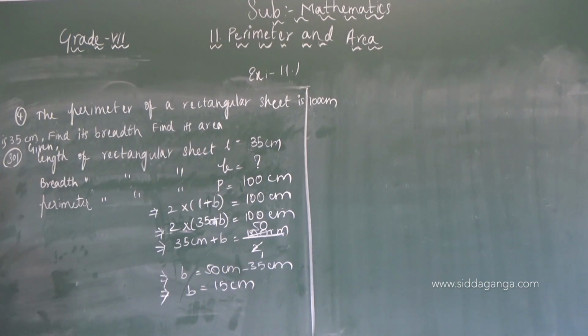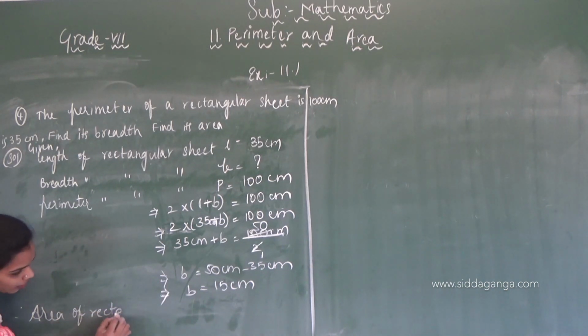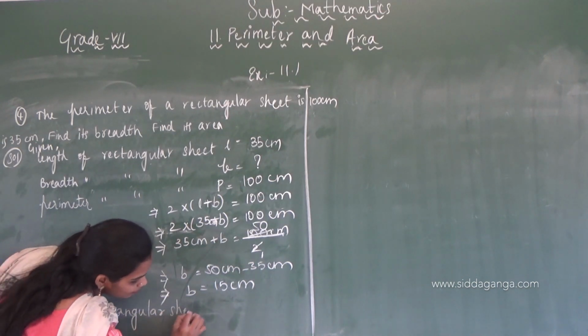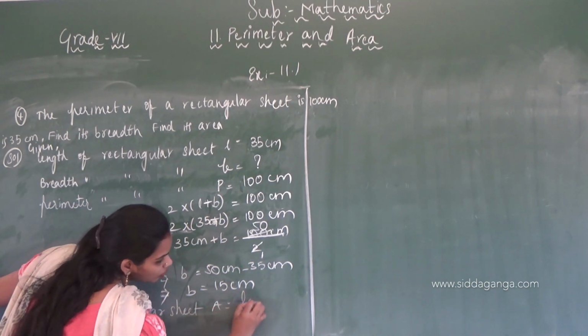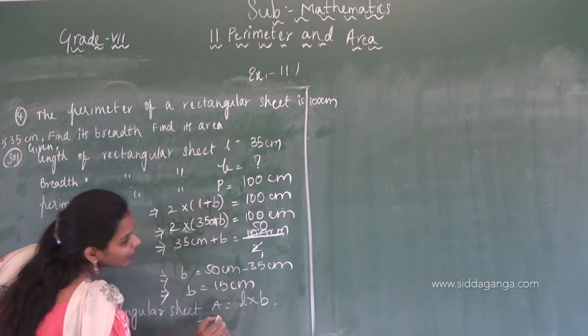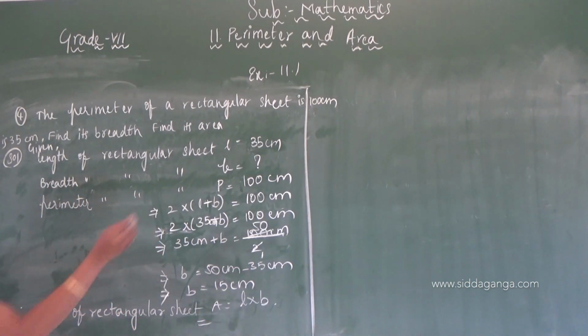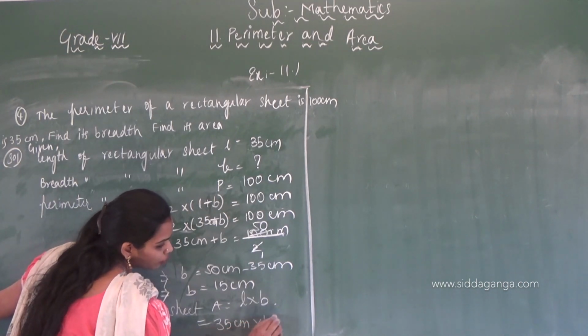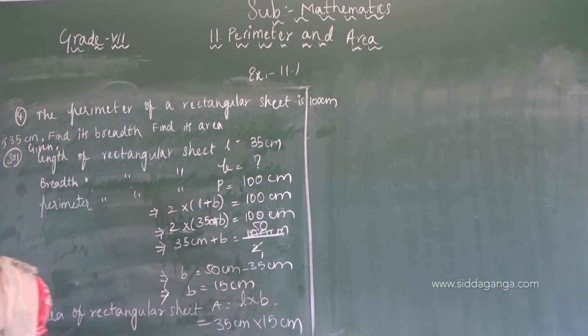What are they asking us to find next? Area. Therefore, area of the rectangular sheet, A equals L into B. What is the value of L? L is 35 centimeters into 15 centimeters.